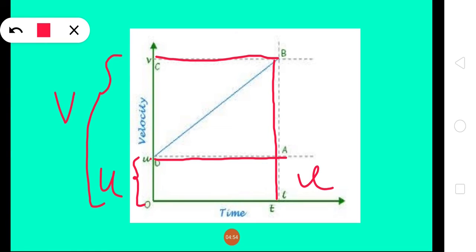So this is also U, and BT is also equal to OC, which is V. So remember this, because using these measures we will be calculating the acceleration and getting the first equation of motion.